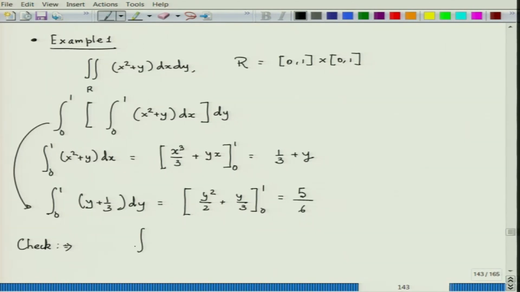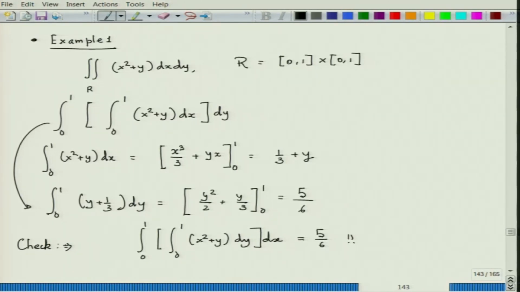So, if this iterated integral exists, that iterated integral should also exist. It is a very simple example I am computing, and it shows that it is 5 by 6.